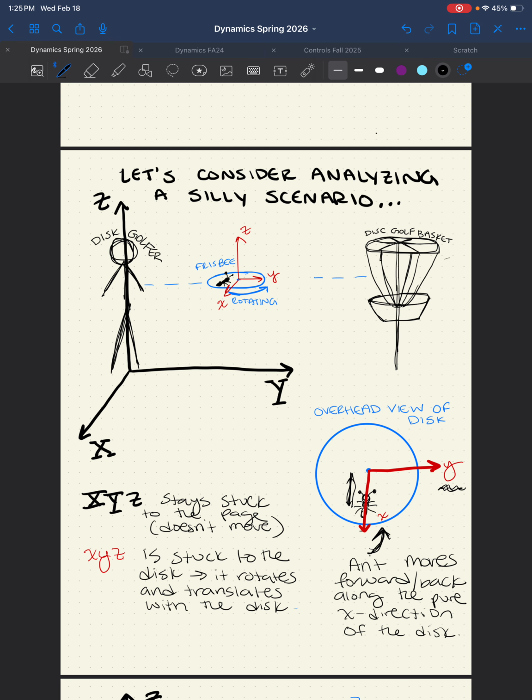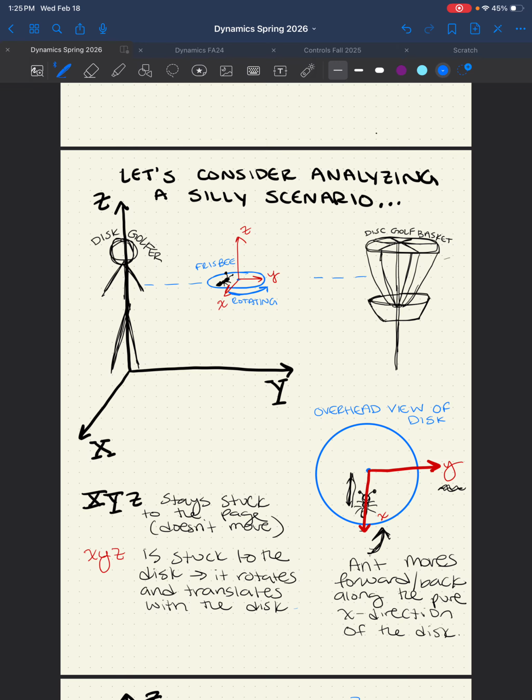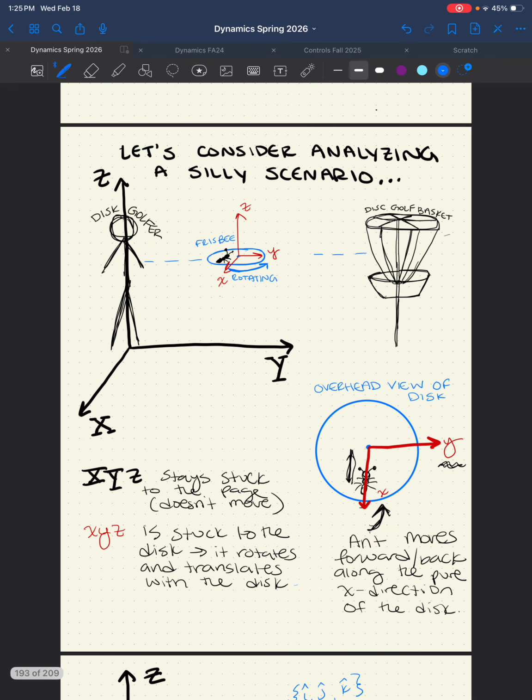Okay. Another thing I want to add is that each of these frames has its own associated unit vector directions. Okay, so this big X, big Y, big Z frame, I'm going to give it the unit vector big I hat, big J hat, big K hat.